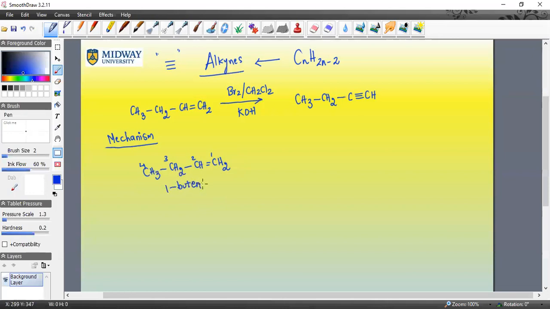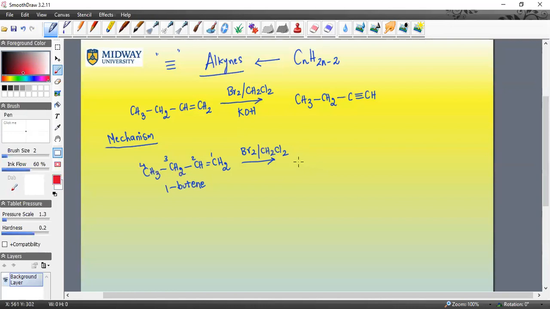Just a refresher. I know it's been a couple of months since we learned naming alkenes, so it's good practice. This now reacts with the Br2, and dichloromethane is a solvent, so it's not actually involved in the reaction. It's just the reaction medium.